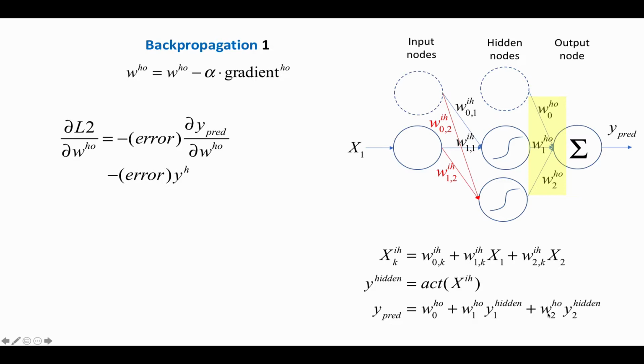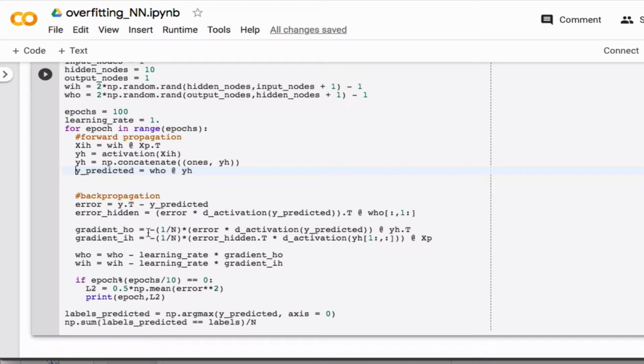The derivative of this with respect to w is just this term. Okay, so that's my gradient for the hidden output. So I don't need the derivative of the activation function anymore, and so I don't need these brackets even. Okay, so that's calculating the gradient for the hidden output.